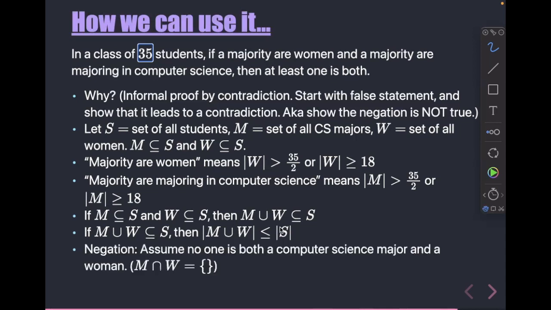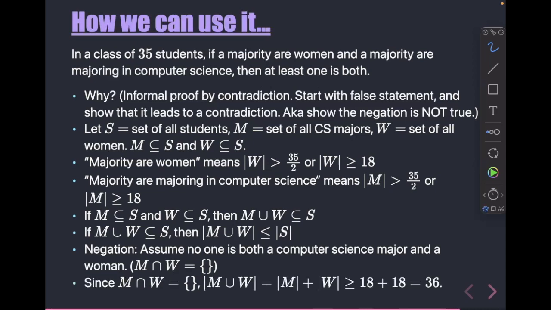And so this is my negation, where I'm going to contradict my statement, say something is false and then prove it's wrong. I'm going to assume that the statement above, that at least one person is both, is false. I'm going to say no one is both a woman and a computer science major. So the intersection of these two sets is the empty set.